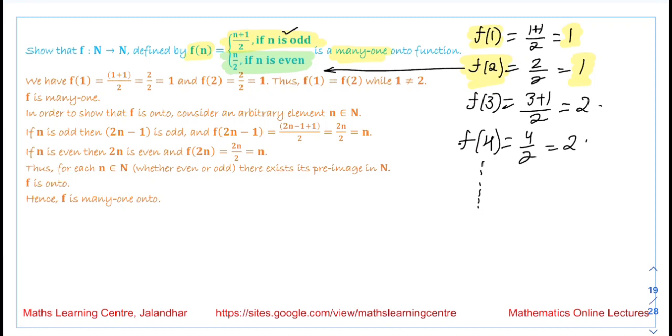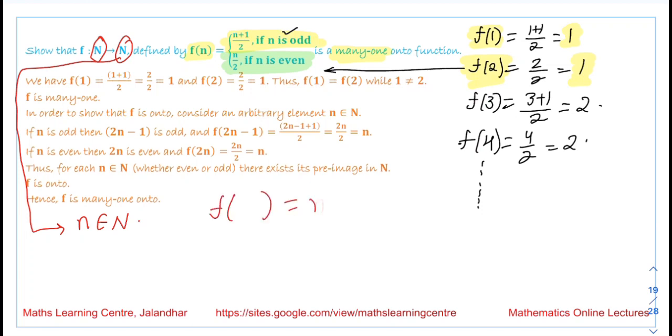So if we consider any element n that belongs to the codomain of this set, we have to show that there is a natural number for which f of that natural number is equal to n.